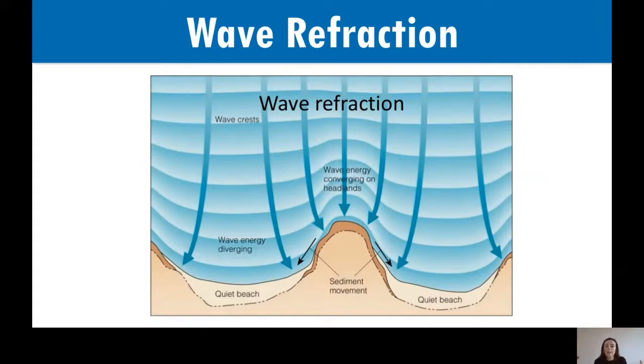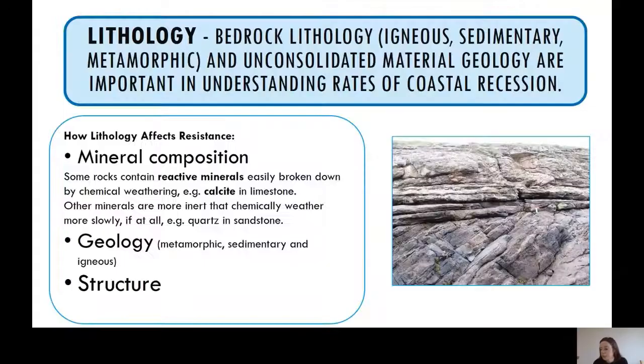That's it. Here we have lithology. Lithology is an important term. So lithology means bedrock lithology, igneous, sedimentary and metamorphic, and unconsolidated material. Geology is important in understanding rates of coastal recession. Okay, so how lithology affects resistance, right?